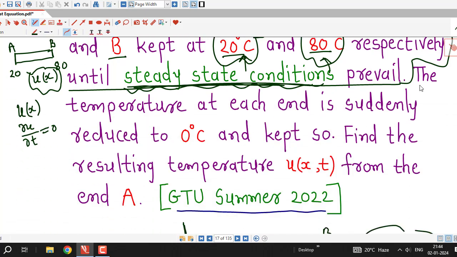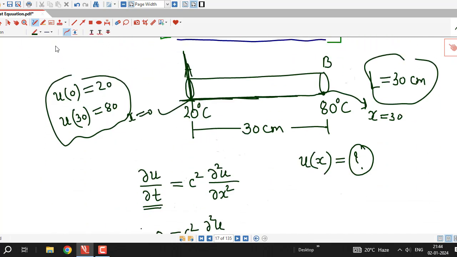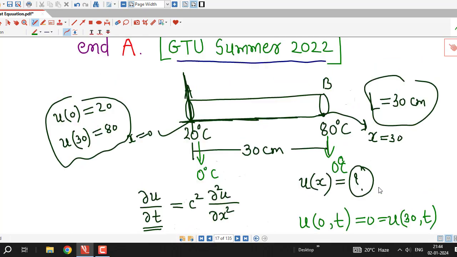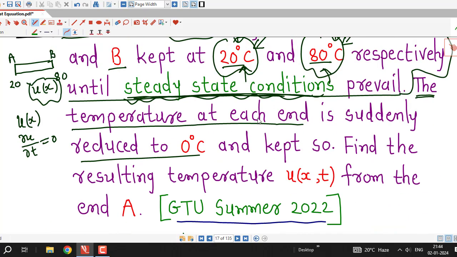Now after time t equal to 0, it is given that the temperature at each end is suddenly reduced to 0 degrees Celsius. So after time t equal to 0, the temperature is reduced to 0 degrees Celsius at both the endpoints. That means we are considering u(0,t) equal to 0, and the value of temperature at 30 is also 0. The temperature at each end is suddenly reduced to 0 and kept so.